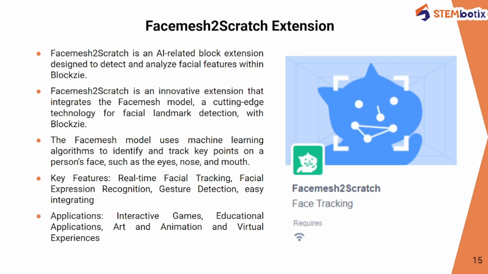The key feature of this Face Mesh to Scratch extension is real time face tracking, or you can say facial expression recognition. When you want to recognize the expression of a face, you can use this extension. If you want to detect gestures, this is the suitable extension. And if you want easy integration, you can also use this extension.